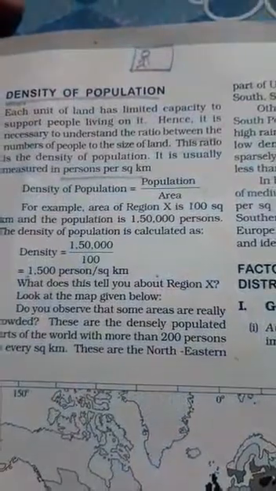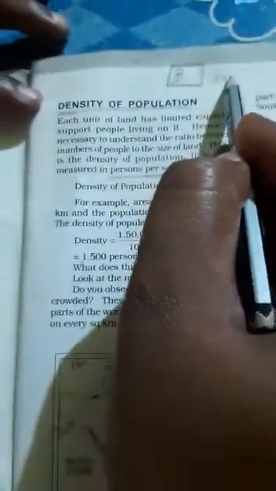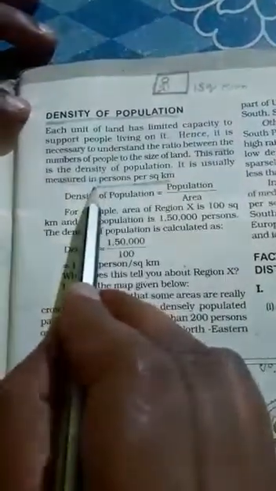That means in 1 square kilometer, how many people live here, or how many persons are found in a particular area, measured in per square kilometer. This is known as density of population. Is that clear?